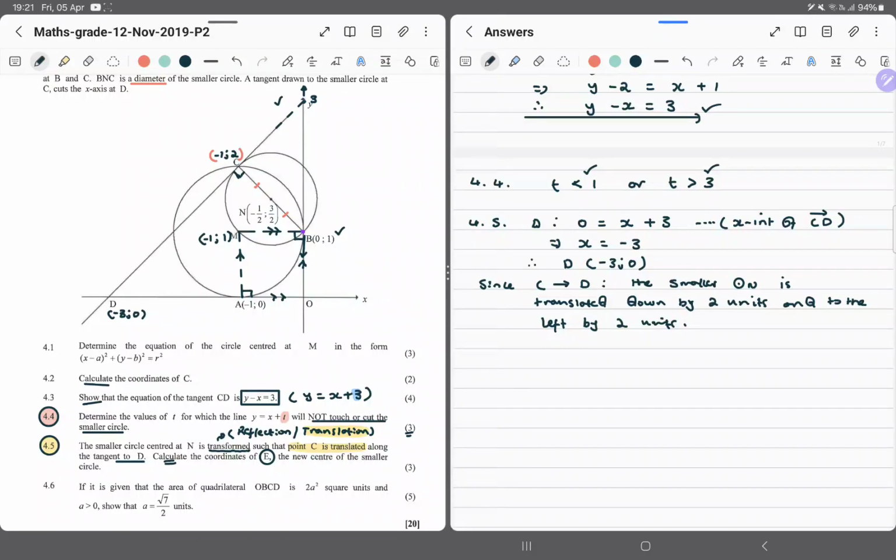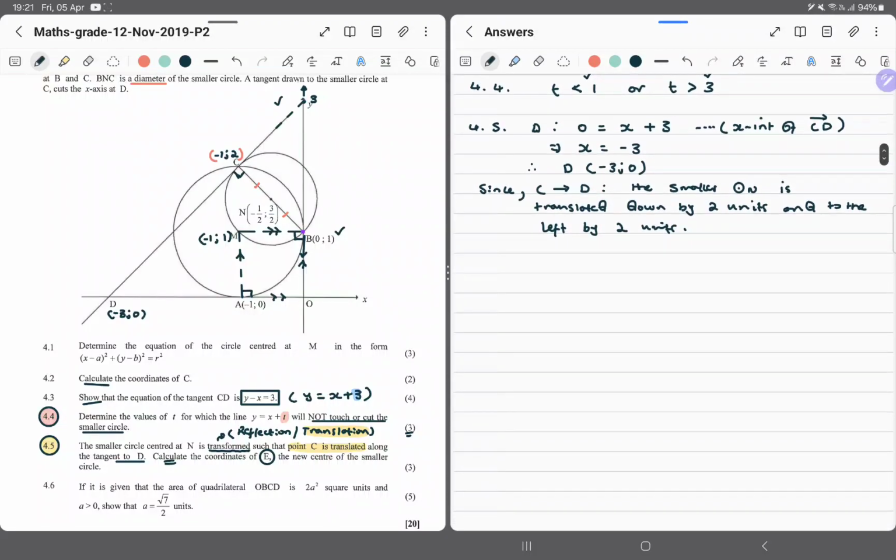This is very important to notice. So since we are transforming C to D, we can clearly see that then the smaller circle is being translated downward by 2 units and to the left by 2 units.